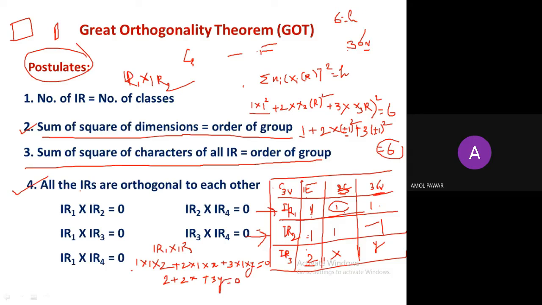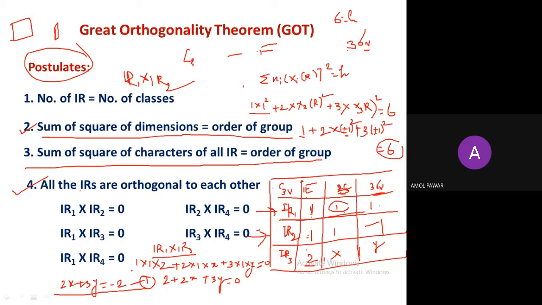Understood? Or we can rearrange this equation in this way: 2X plus 3Y is equal to minus 2. This is equation number 1. We can label this as equation number 1.